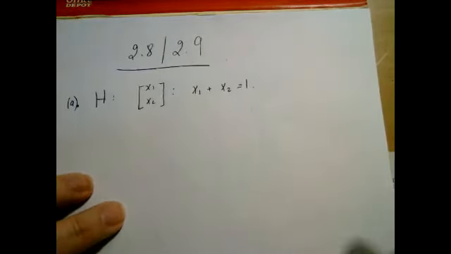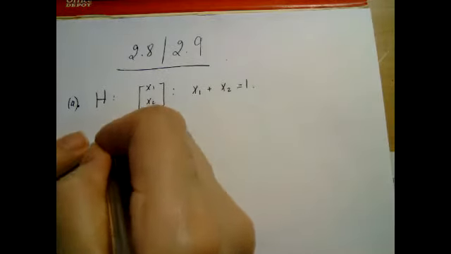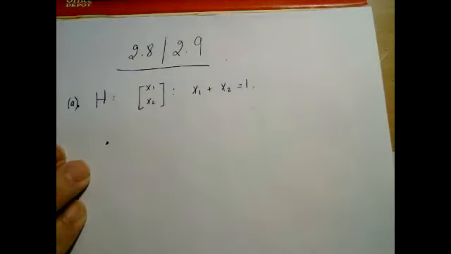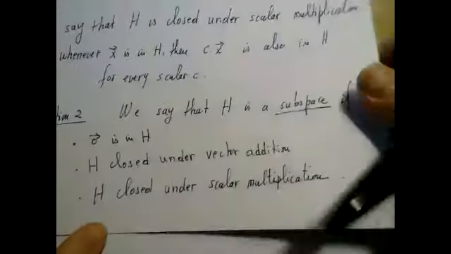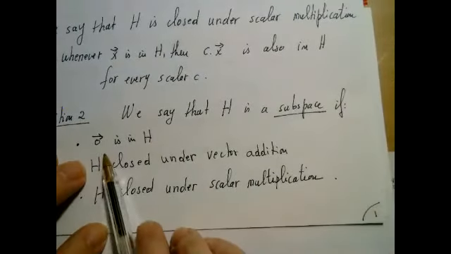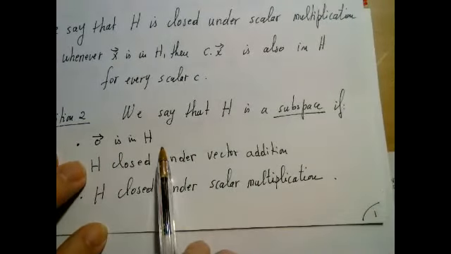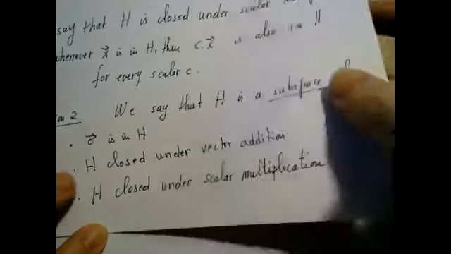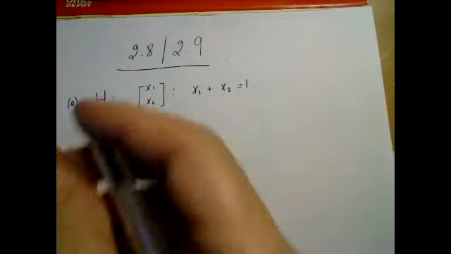Remember the criteria. You have to memorize the criteria. What's the first criterion of a subspace? First criterion, 0 has to be in it. Second and third. So in this one, is 0 in H?